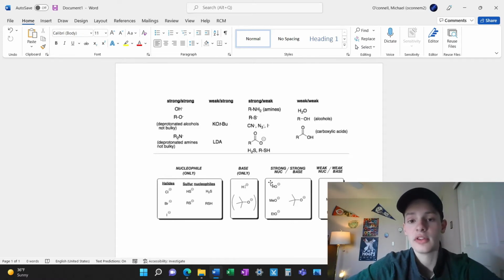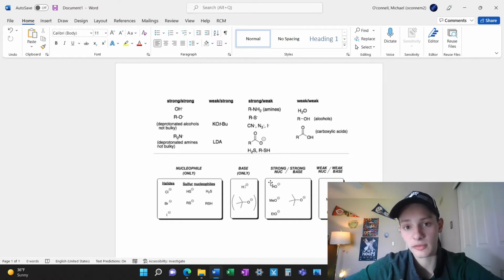So the one thing that you can maybe take away from this when you're studying for your quizzes and exams is that leaving group reactivity is always the opposite of basicity. So weak bases make great leaving groups and strong bases make poor leaving groups.